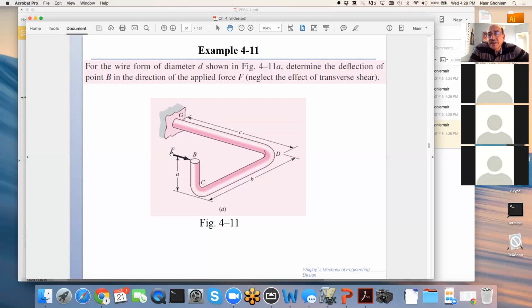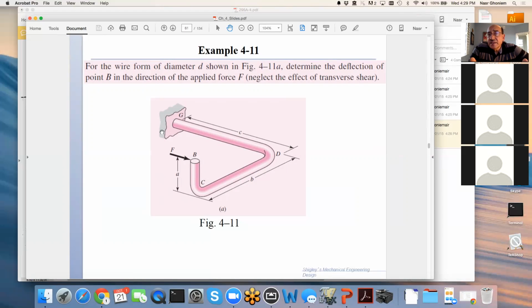So this is kind of a three-step process where we have to do free body diagrams for the BC section, the CD section, and the DG section, and the free body diagrams will give us the required force system, meaning the actual forces and the moments and torques.